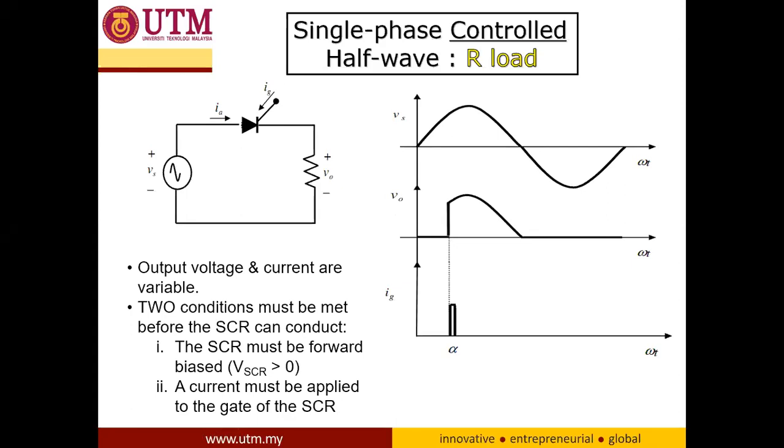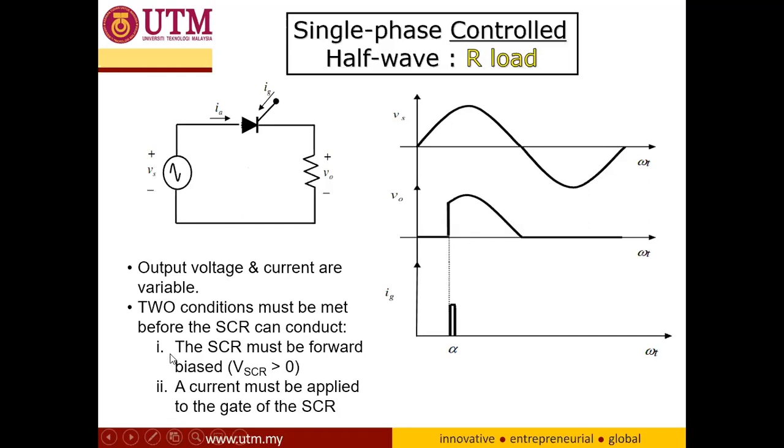This is the circuit of the controlled rectifier connected with our load. As you may recall, this SCR or thyristor can only be turned on when both conditions are met. So what are the two conditions?